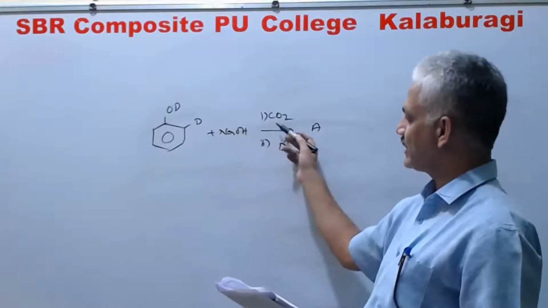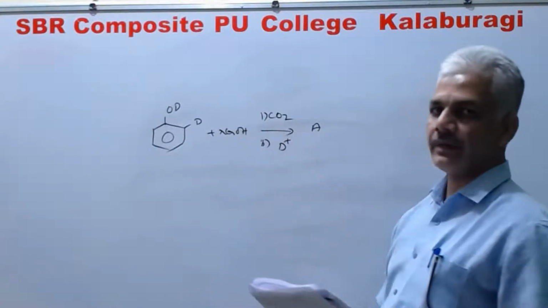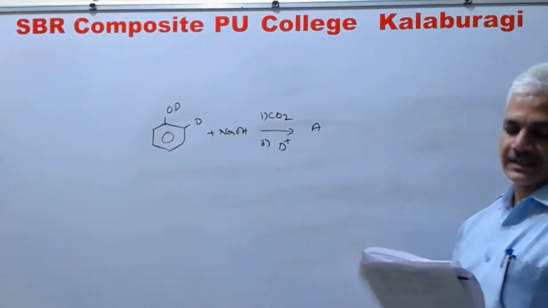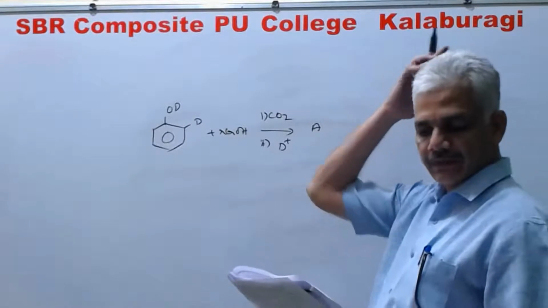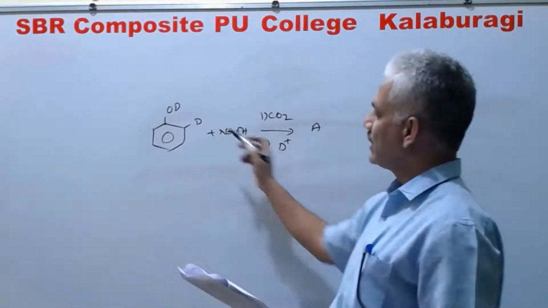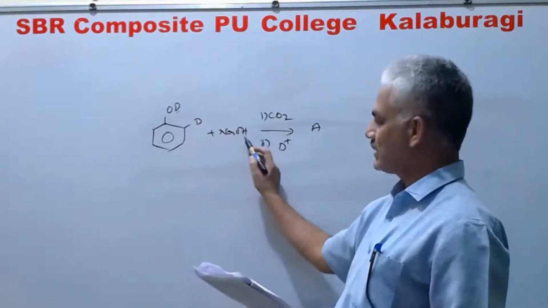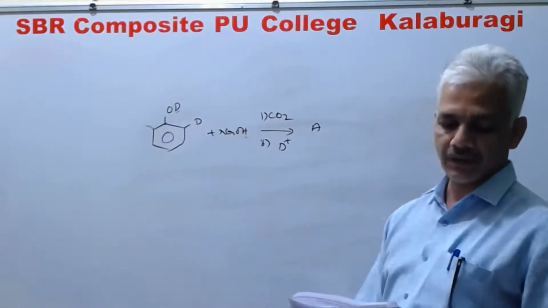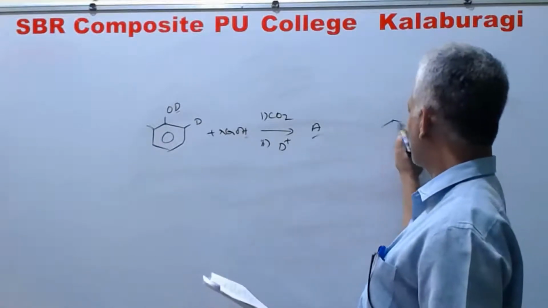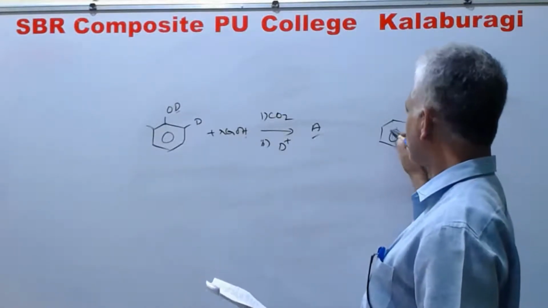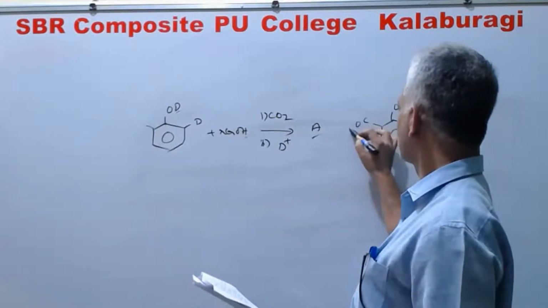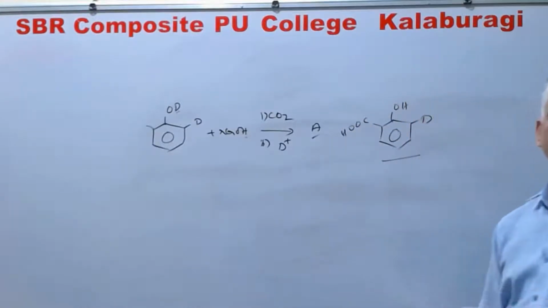That intermediate is made to react with carbon dioxide, followed by deuterolysis in the presence of deutero acid. So here what happens is the deuterium will be replaced with hydrogen, and carboxylic group gets substituted at ortho position. So A can be taken as, so you can go with the third option.